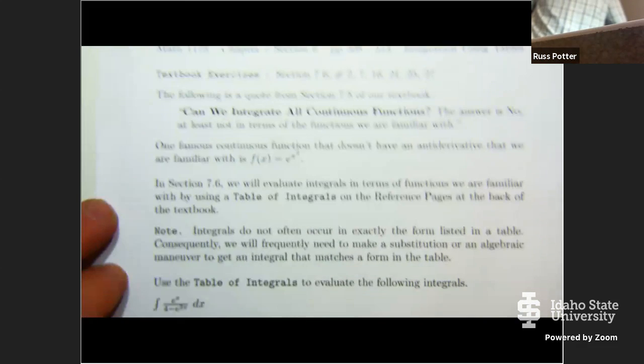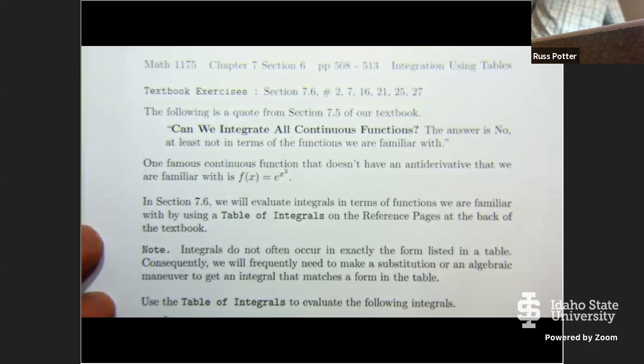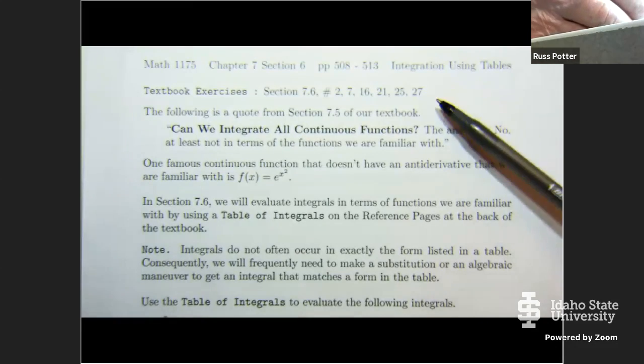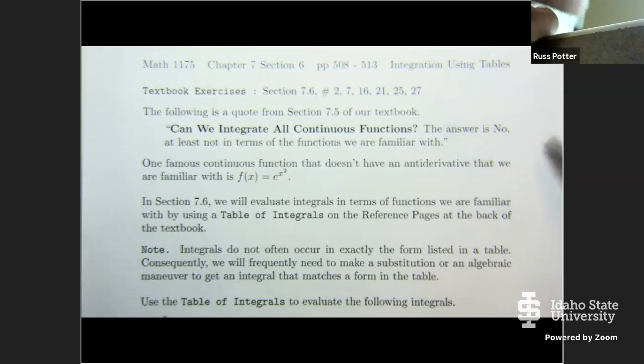So we'll go ahead and start today's section. We'll review a couple of statements first. These 6 exercises in the textbook involve looking for a formula in the table of integrals and using it.